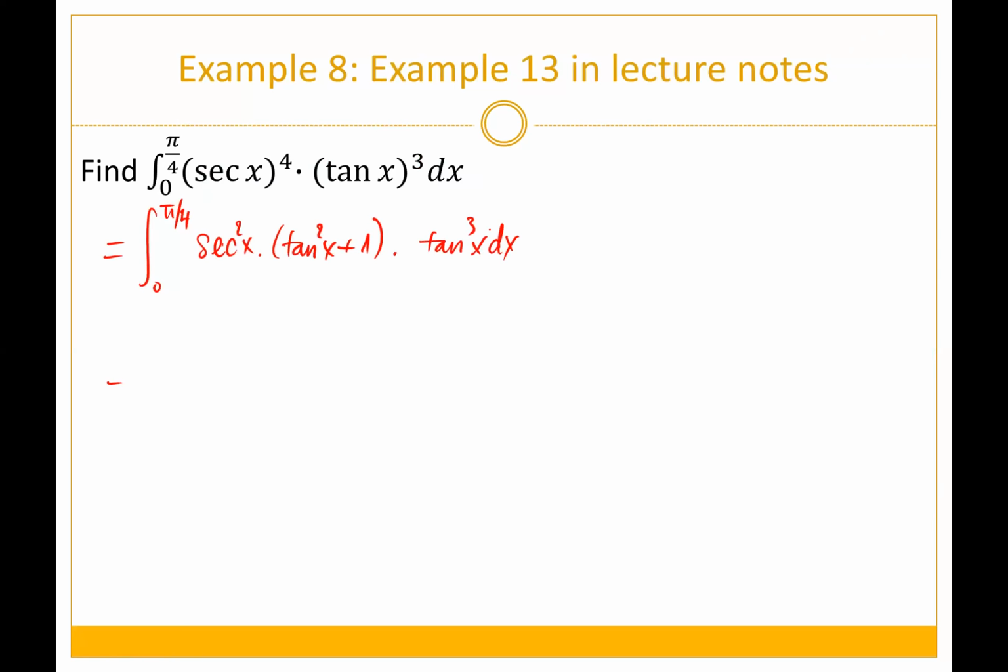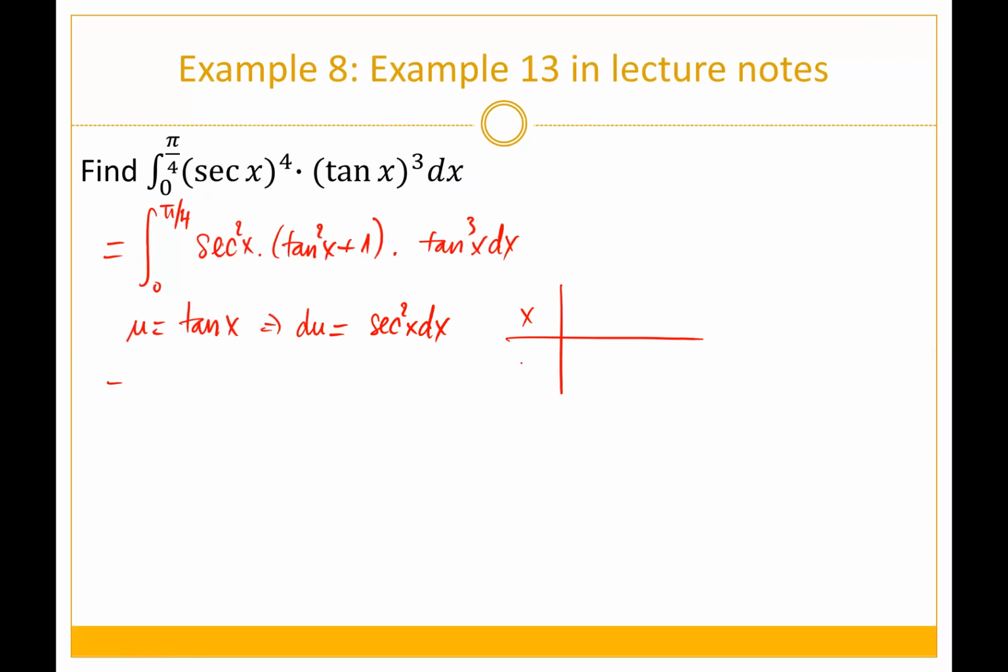Well, because immediately from here, if you have u equal tangent x, du is going to be secant squared x dx. So if I rewrite this way, I can eliminate the secant squared when I do the u substitution. So if I put u equal tangent x, du is going to equal secant squared x dx.